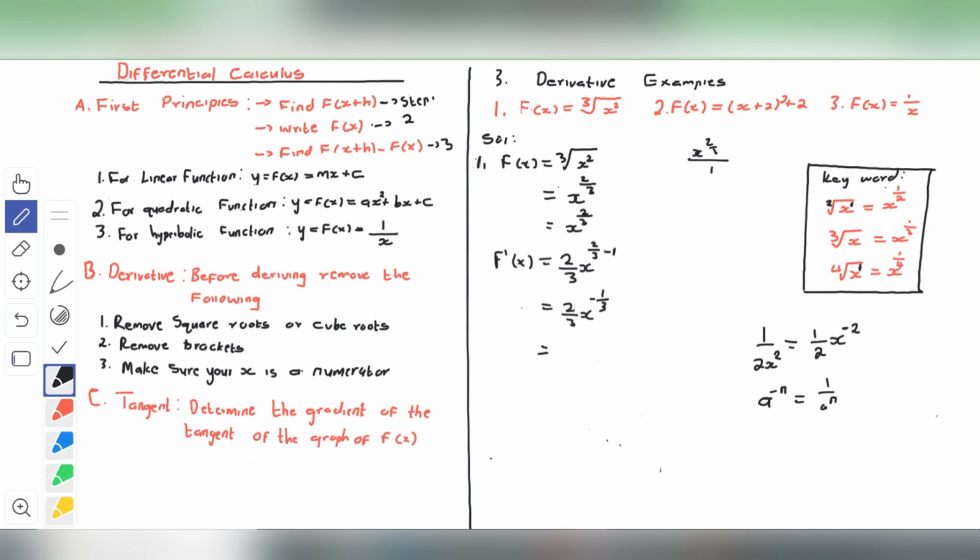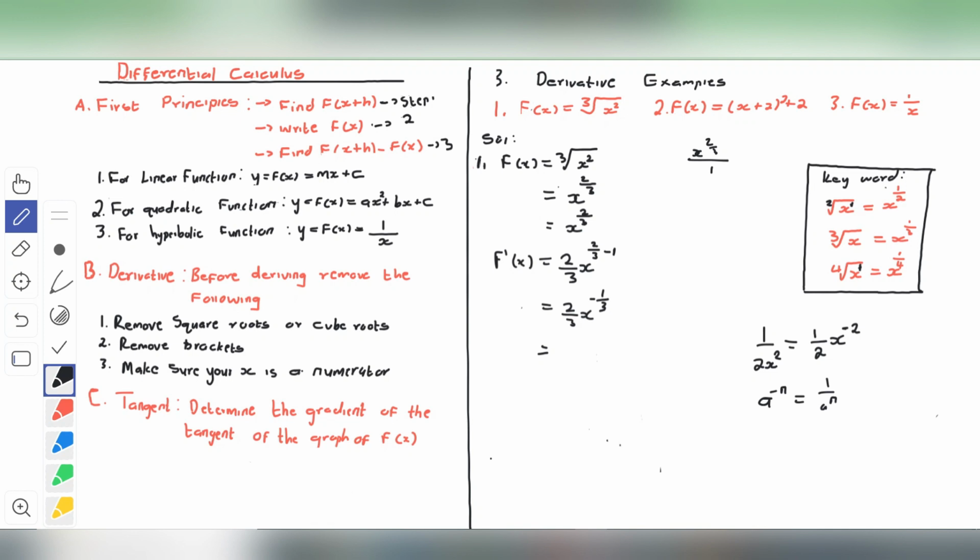Our n is the exponent, right? So whenever we want to write it in terms of the negative exponent, we write our a, which is the constant, 1 over 2, to the negative n, where our n is 2. That's why we have 1 over 2 x to the negative 2.